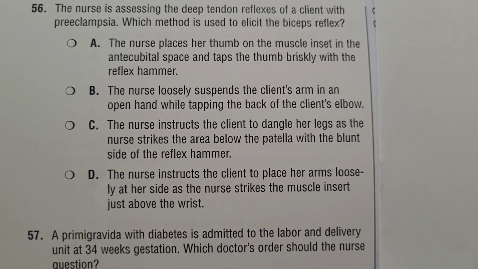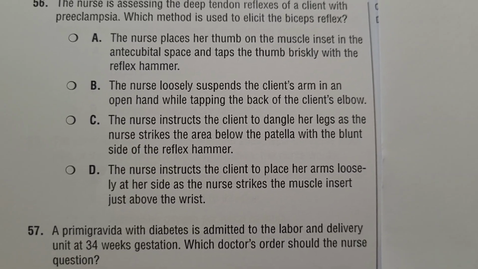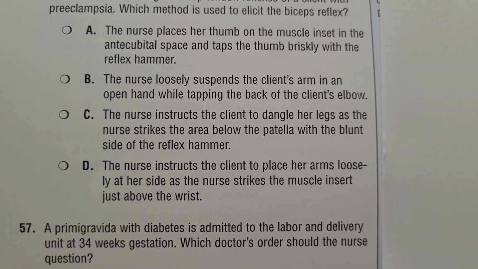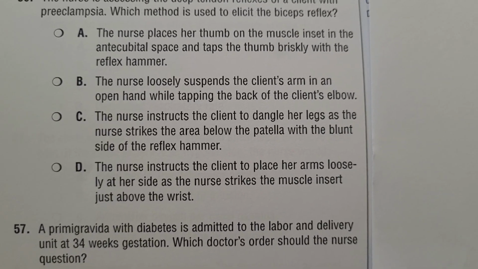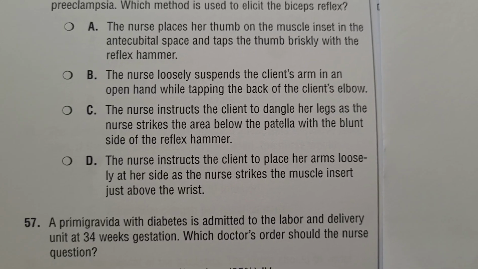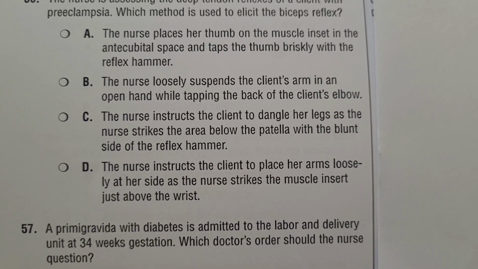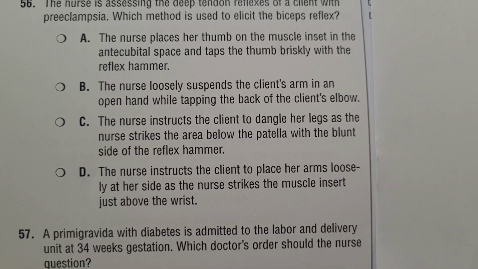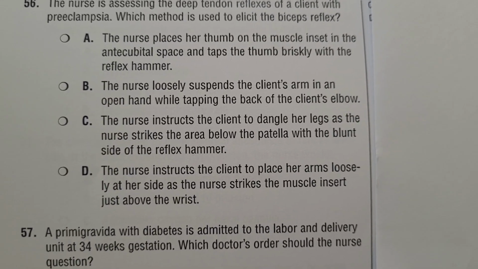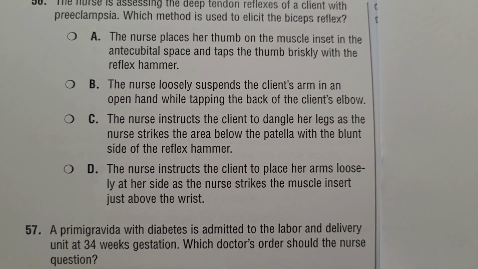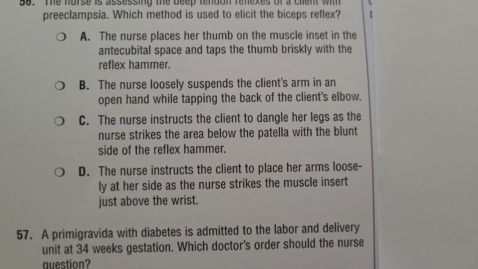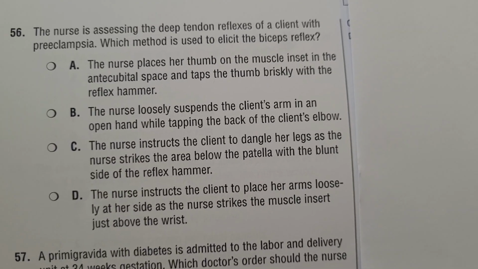No, this is also incorrect because that is the patellar reflex. Number D, the nurse instructs the client to place her arms loosely at her side as the nurse strikes the muscle insertion just above the wrist. This is also incorrect because that is checking the radial nerve. So our right answer is A.